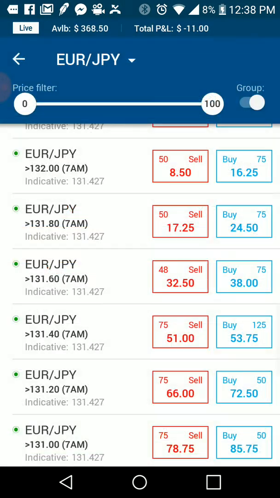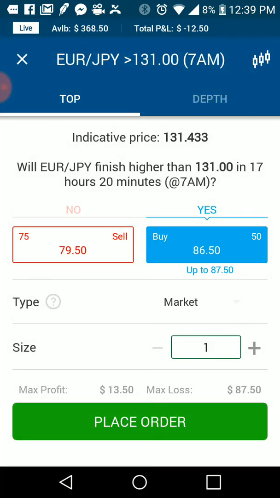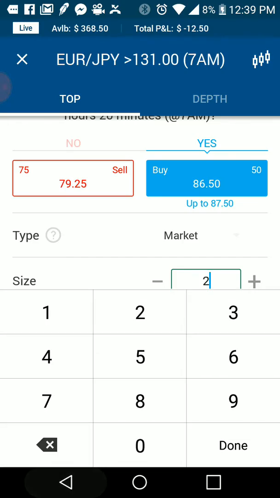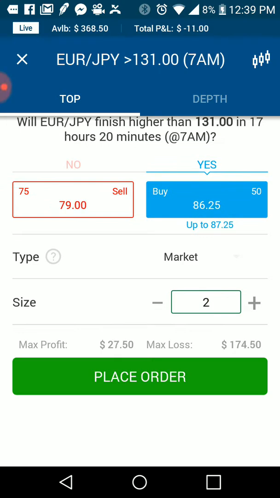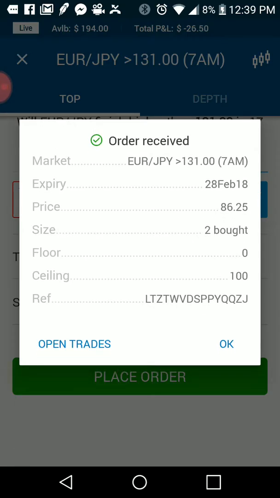And back to OK. And now we'll find its counterpart, which would be here. And we're looking to take two of those. And $174 is its risk. So now we know that the most that we have to risk is $174.